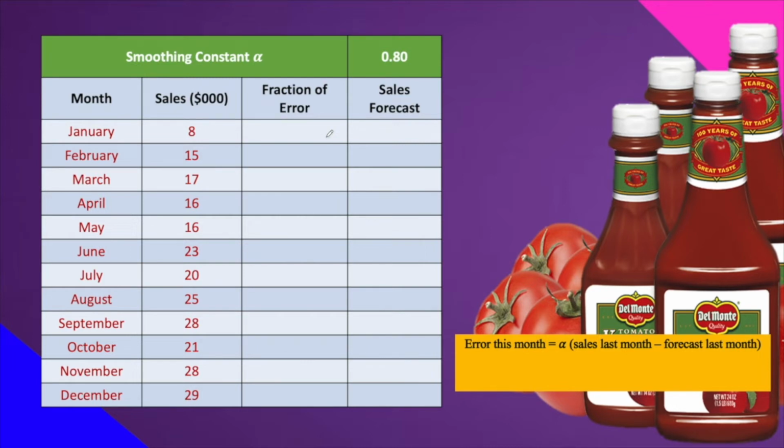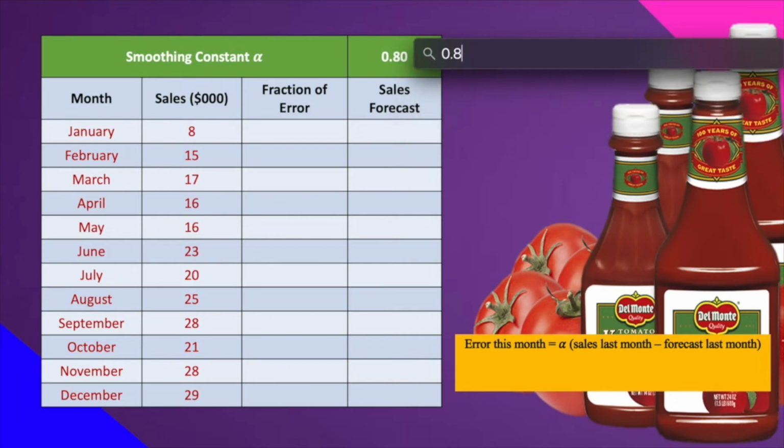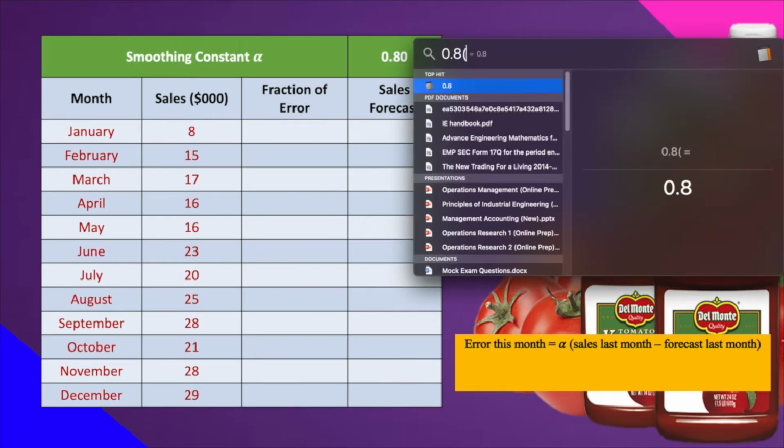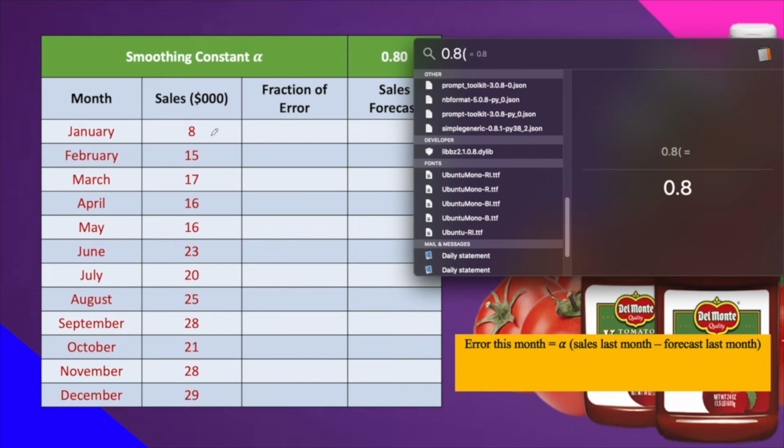Okay, for the fraction of error, our alpha is, again, isulat natin dito, 0.8 multiplied to sales last month. Do we have sales last month? Okay. Our sales last month is actually not given. Wala siya dahil January 2 eh. This is first month na meron tayo.